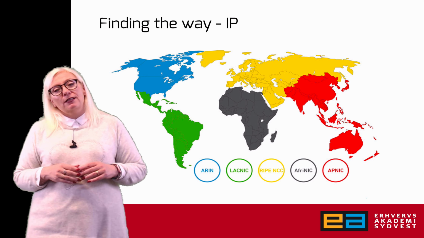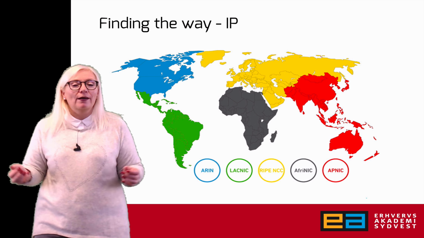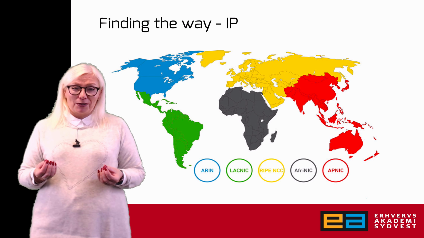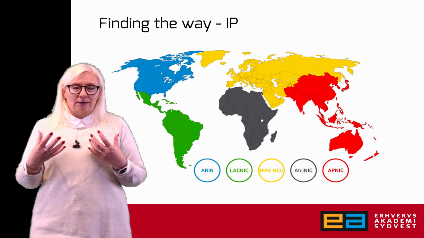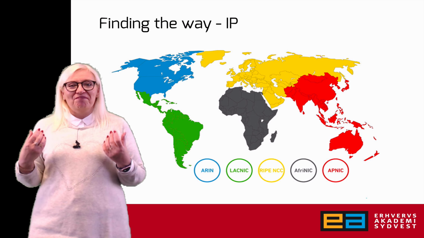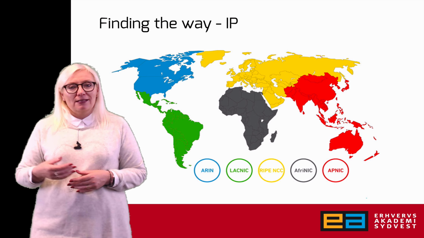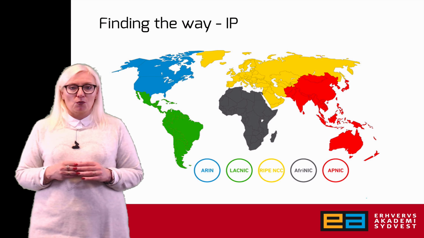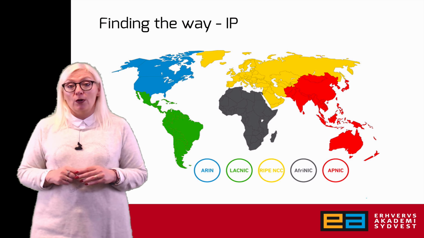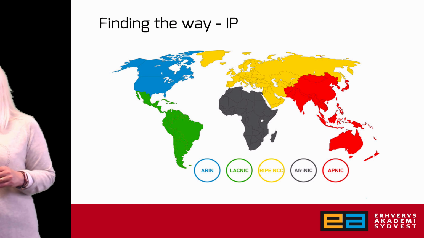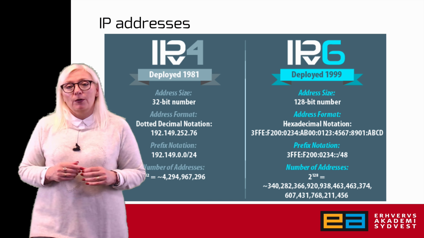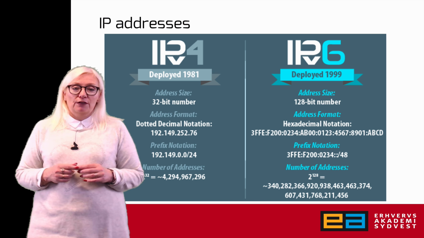These are organizations that just make sure that we don't use the same IP addresses. These are public IP addresses that are usable on the internet, and we are not able to use more than once. So they are unique. The IP protocol comes in two different versions.